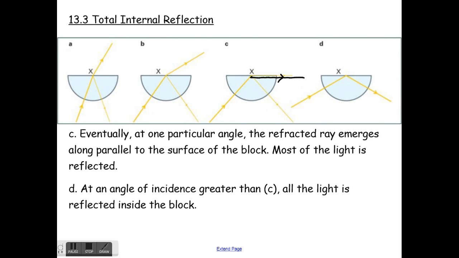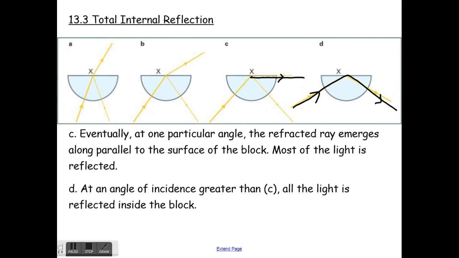And then once your incidence angle is bigger than that particular angle, which we call the critical angle, then all of the light is reflected and no light comes out. So all of the light goes in and out this way.